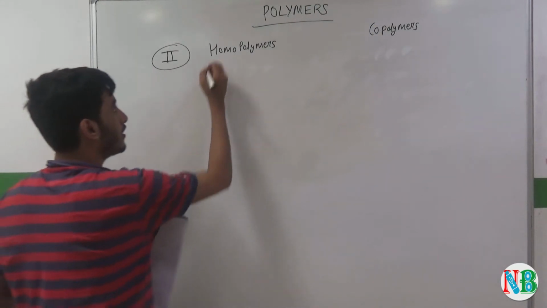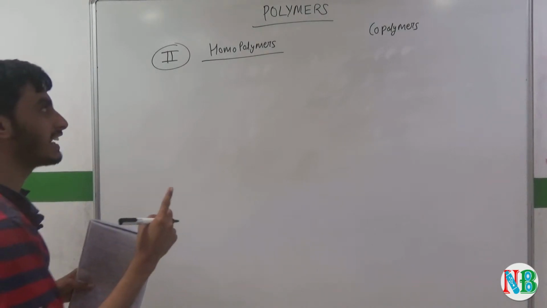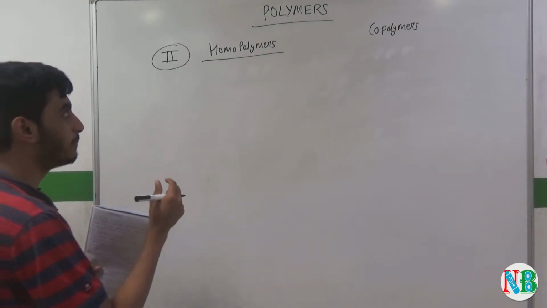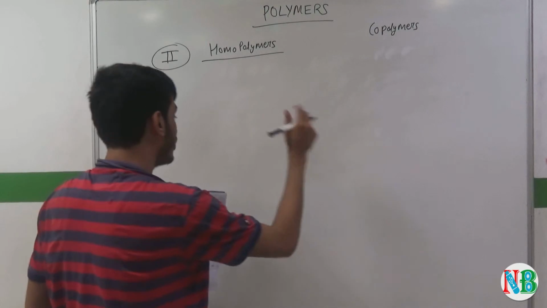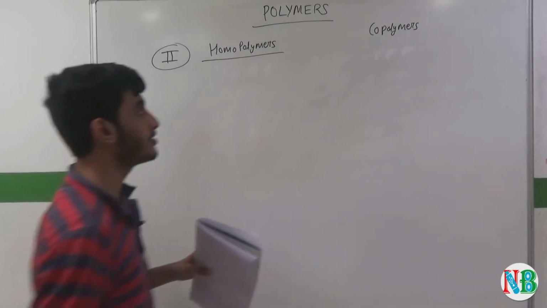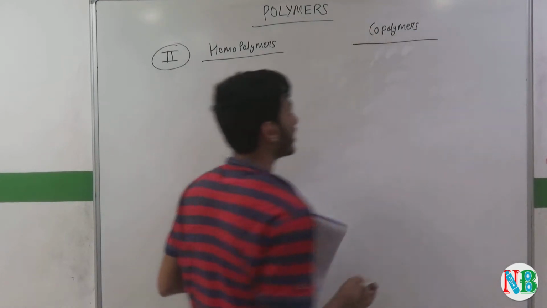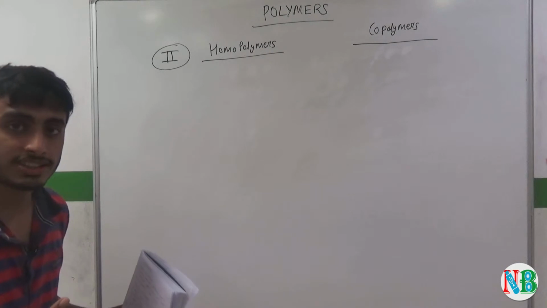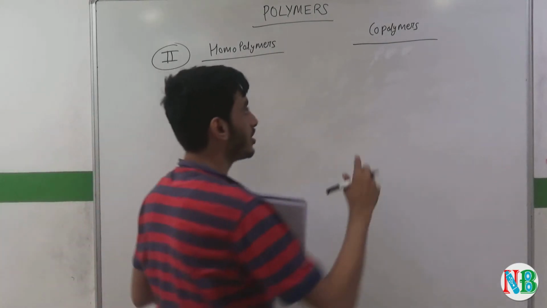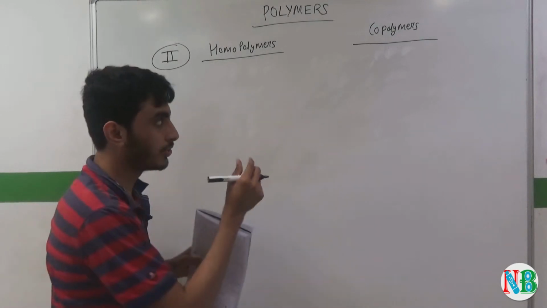Some compounds are composed of only one type, only a single type of small unit. Whereas there are some other compounds, polymers, which are composed of not just one, they have a mixture of two or more different units added to each other.